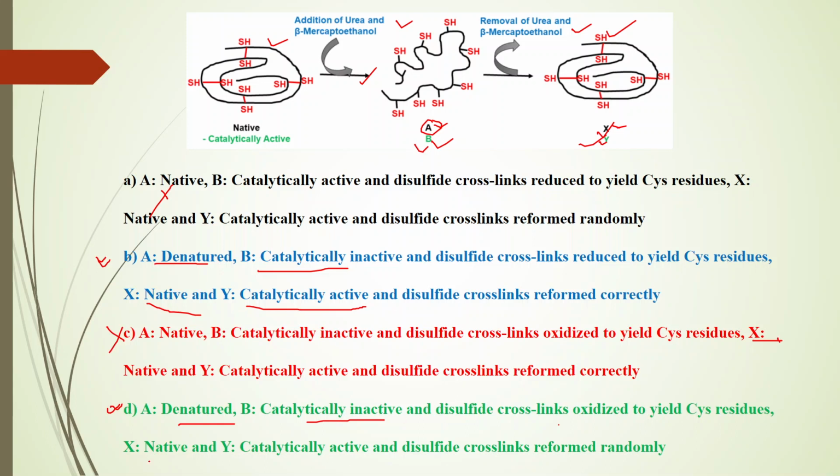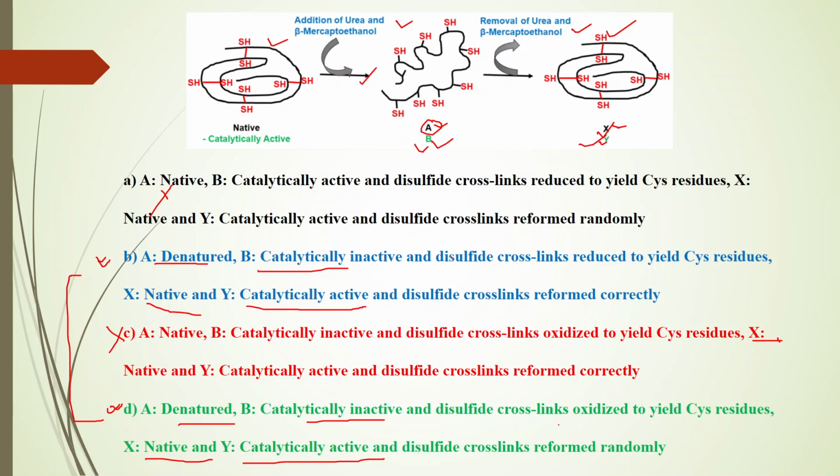Very good. Here also it is stating X is native and catalytically active. So by only seeing A, B and X, Y, we still cannot choose which of these two options will be the ultimate answer. So let us take hints from the other words.